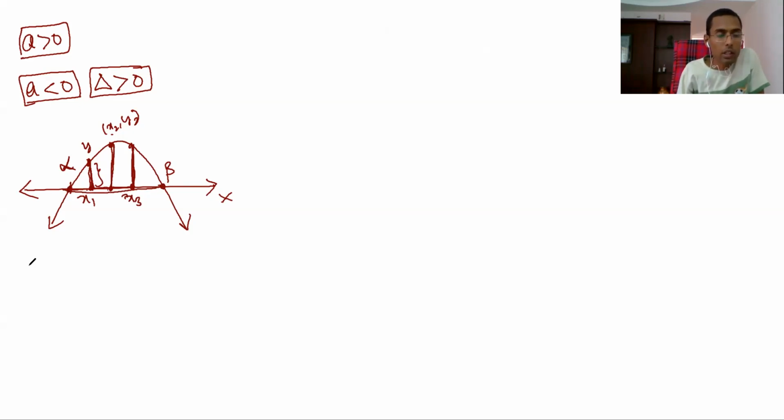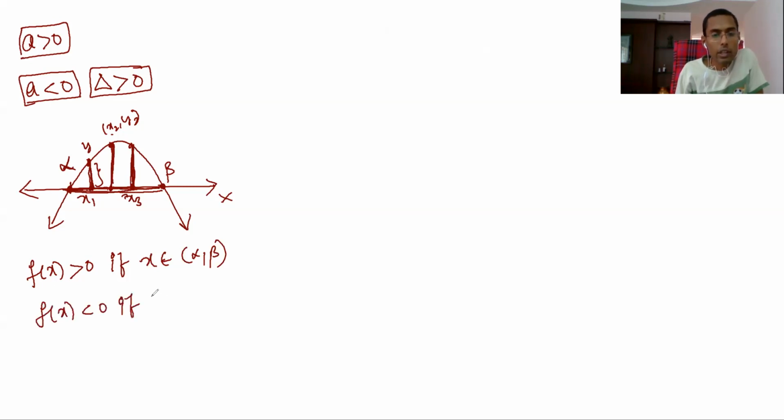So what you can write is, f of x is greater than 0, positive, if x belongs to alpha comma beta. By seeing the graph, from alpha to beta, the y value, the f of x value, is positive. F of x is less than 0 if x belongs to minus infinity to alpha, union beta to infinity.